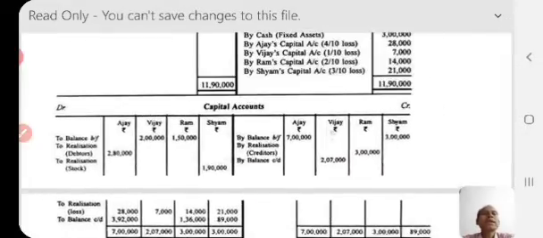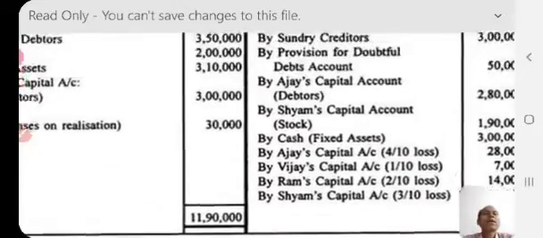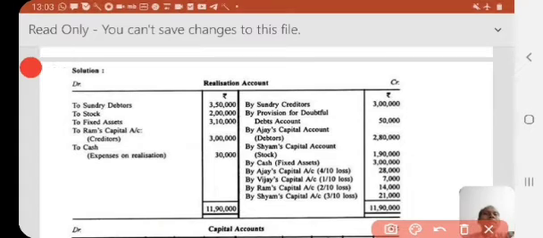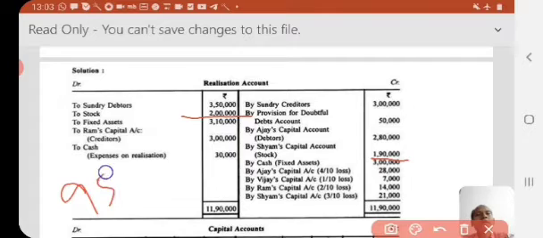So here you see the stock. Yes. What is the value of the stock? 2 lakhs. And this is 190,000. So on 2 lakhs, I have to calculate the 95%.